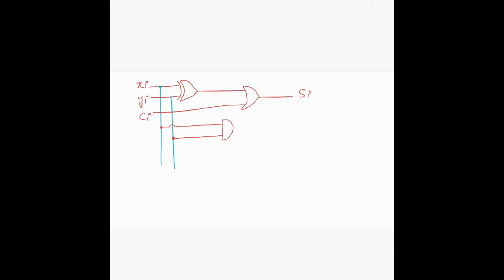Now the second expression is xi and ci. So consider ci, again take ci, so this corresponds to xi yi, and this corresponds to xi ci.